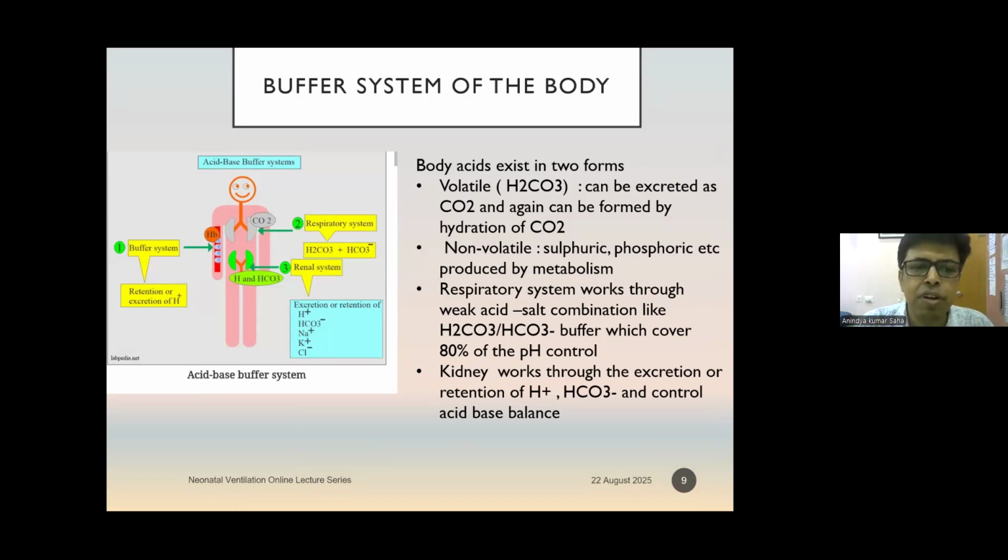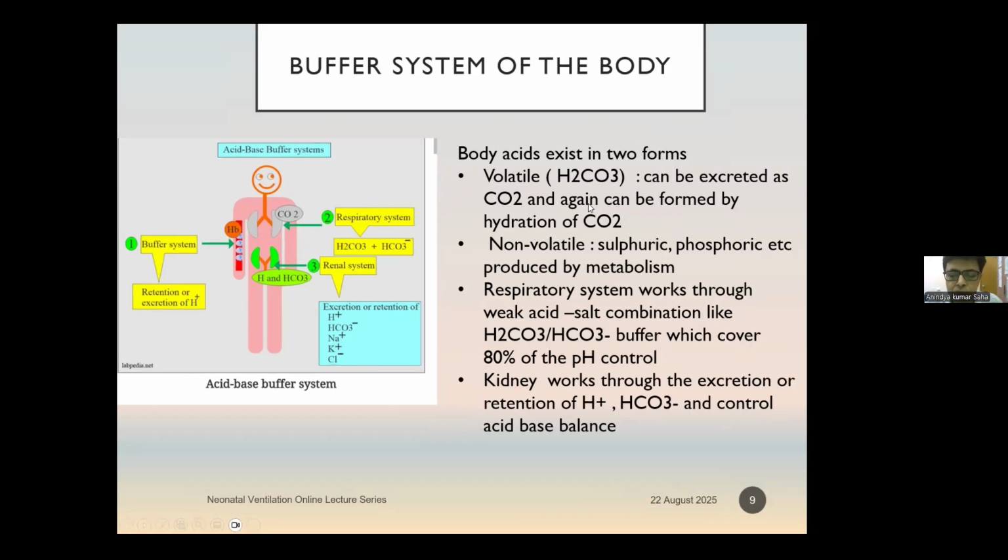And another buffer is in the renal system, again a combination of carbonic acid and bicarbonate, or some other phosphate buffer and other buffers. But just to emphasize, 80% of the pH control is done by the carbonic acid buffer. So the pH is actually regulated by the concentration of bicarbonate and carbonic acid equilibrium in our body.